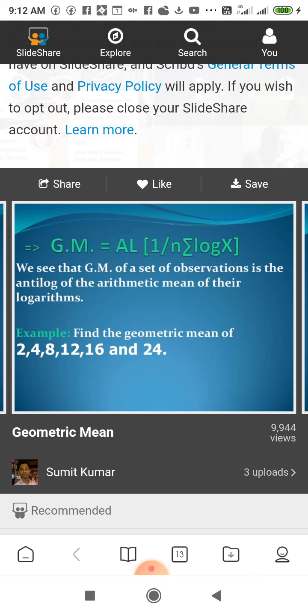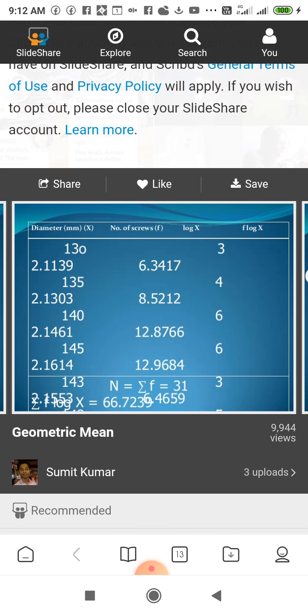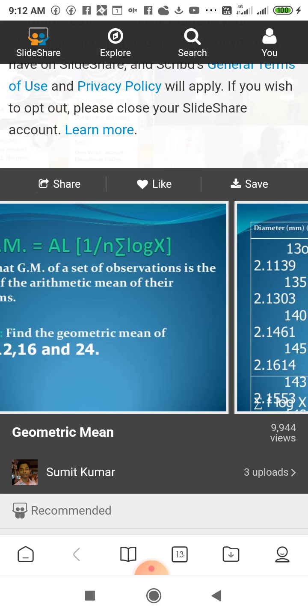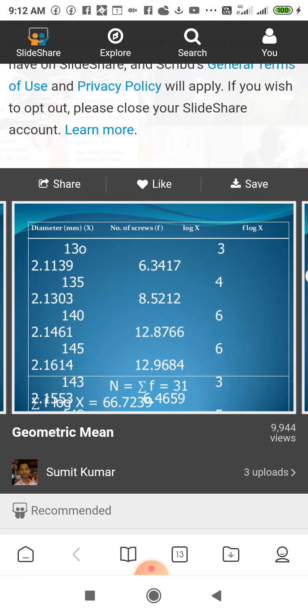Find the geometric mean of the numbers 2, 4, 8, 12, 16 and 28. Here there are 6 data. So first of all we have to take the log of every number, and then make the table.